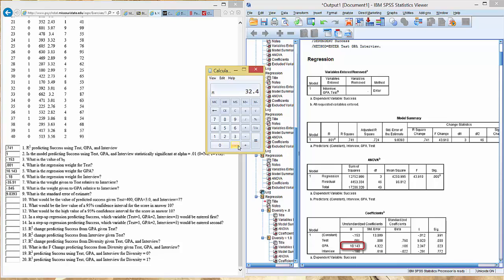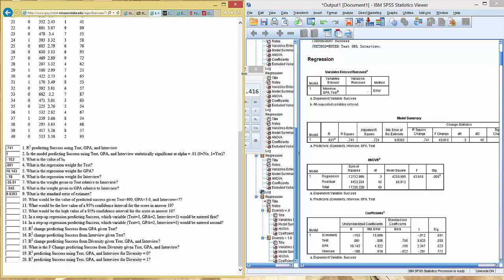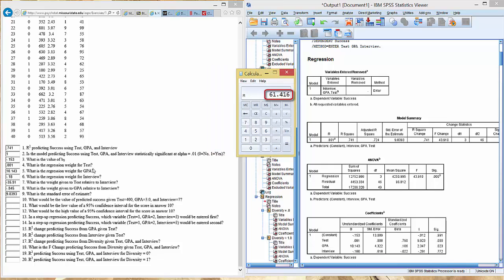Next is the GPA, 10.143 times 3 equals. We'll add that to memory. And finally, we'll have the interview, which is 0.180 change sign times 7 equals memory plus memory recall. We get 61.416.